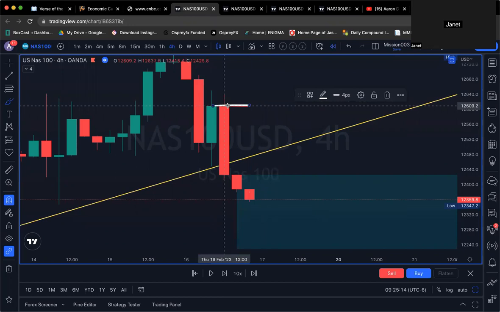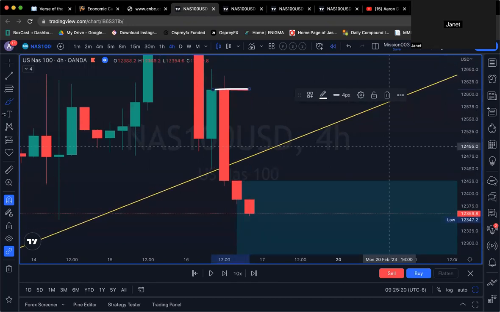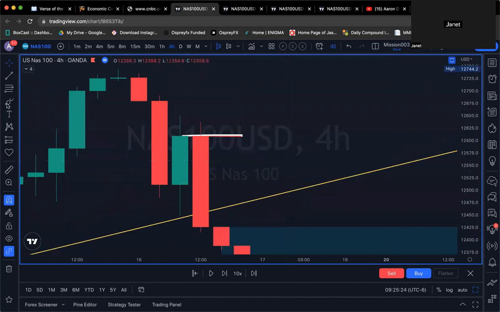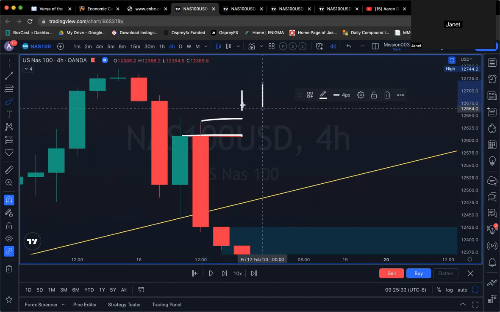And then it made a push up. You see that little skinny line right there? That is identifying that it went up a little bit, right? So it made a high right here. So here is a high, and here is where it opened.